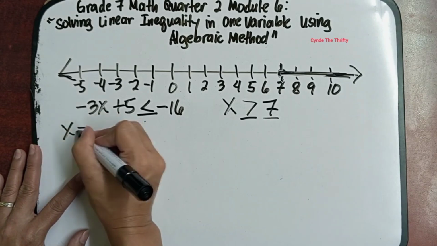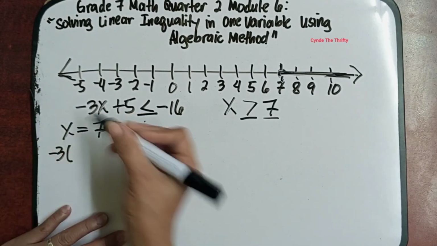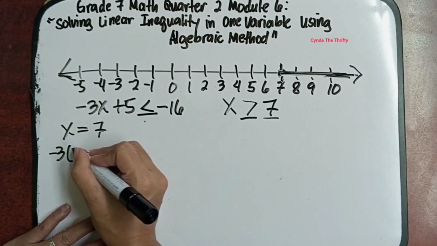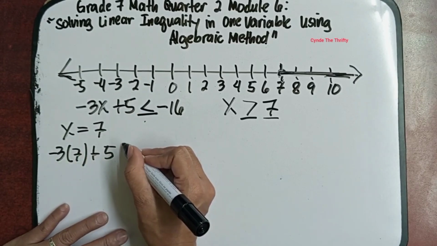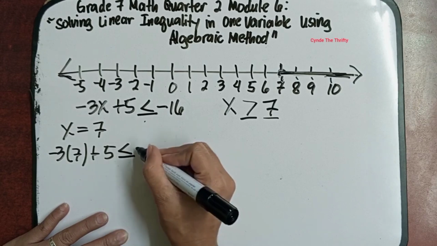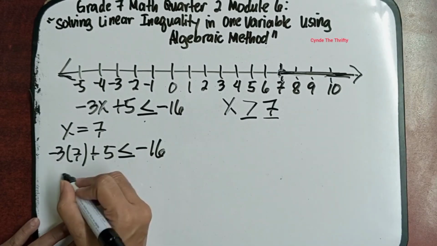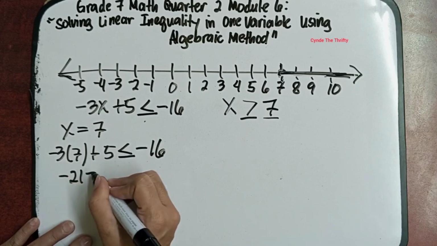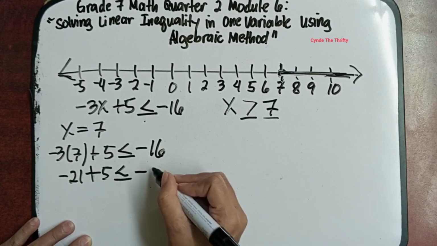If x is equal to positive 7, so negative 3 multiplied by the value of x na 7 plus 5 is less than or equal to negative 16. So, negative 3 times 7 is equal to negative 21 plus 5 is less than or equal to negative 16.